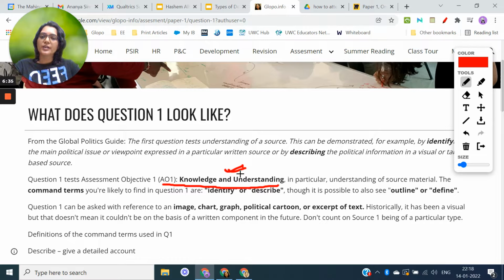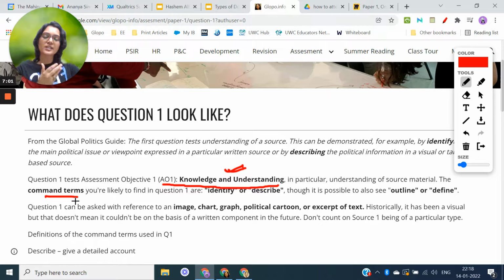Now here you would be given the command terms, right? You already know what command terms are. Whenever an examiner is framing a question, the examiner uses some command terms to ask you to write your answer accordingly. It could be identify, describe, analyze, to what extent, explain.